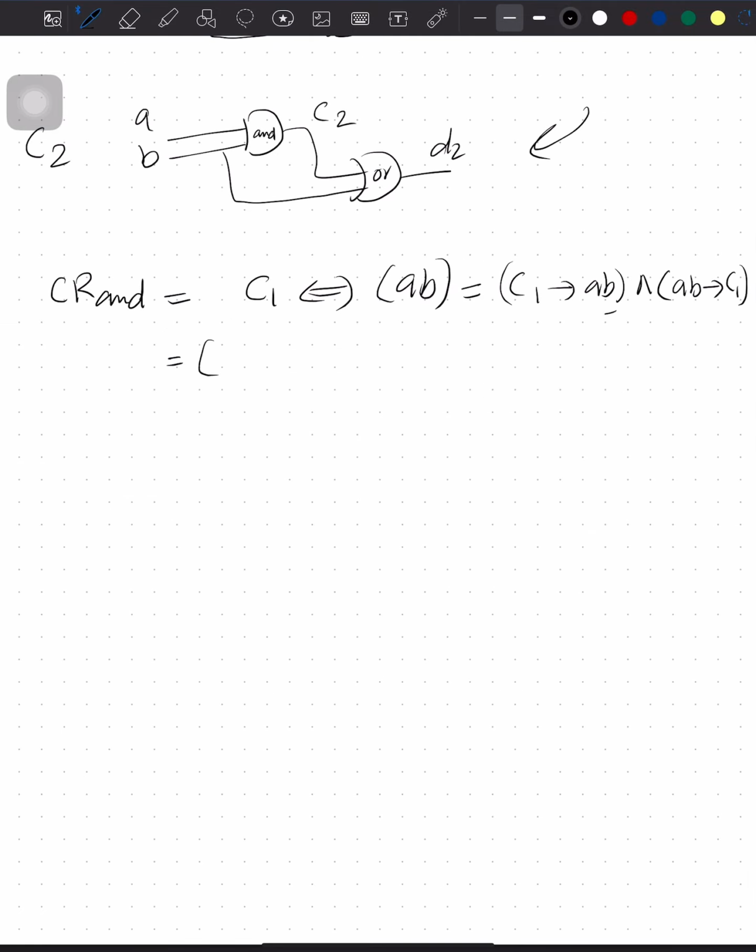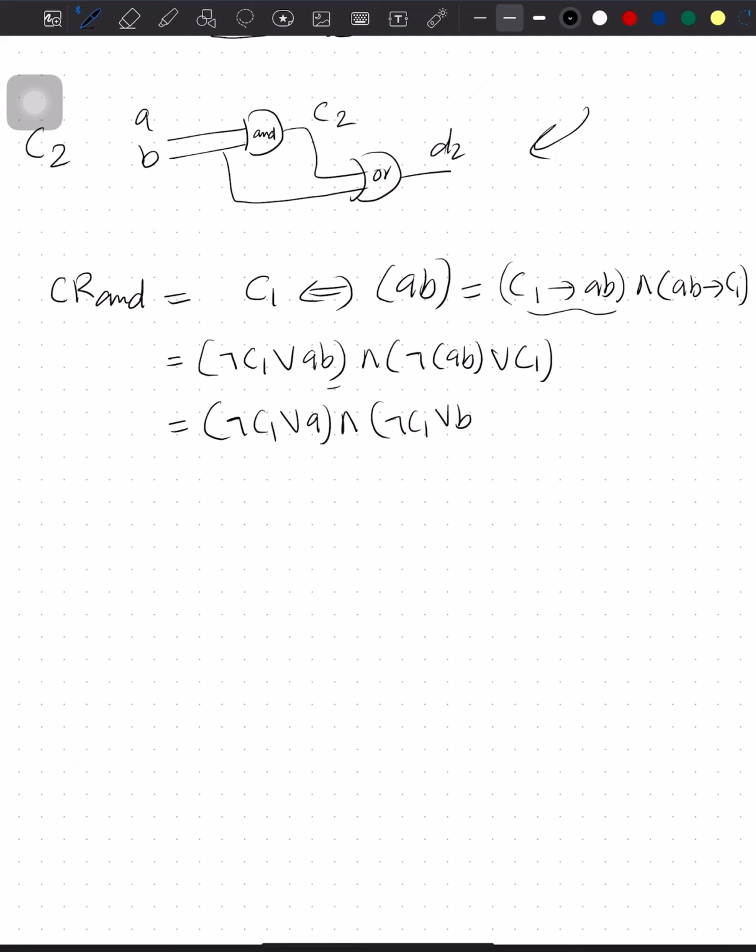C1 implies AB means that not C1 or AB, and not AB together negated or C1. Now we can split this further, so I have not C1 or A, ended with not C1 or B. I just split the first one into those two here.